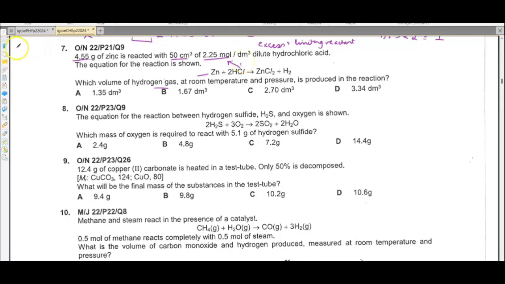So the moles of zinc need to be calculated, and the formula for that would be moles is equal to mass over MR. Since zinc is a solid, mass is 4.55 grams and MR for zinc is 65. So the number of moles of zinc in this reaction is 0.07 moles.